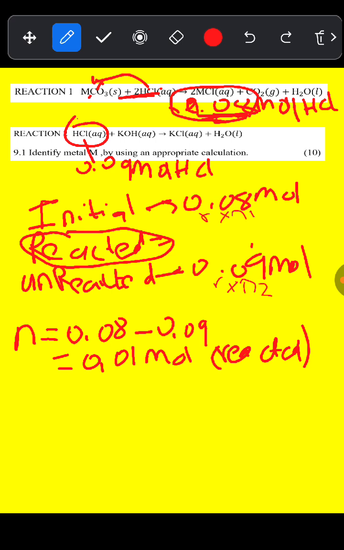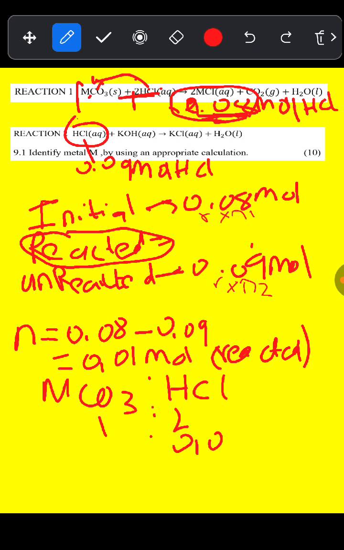So now the ratio of this to HCl is 1:2. We can see the coefficient 1 there, the coefficient there is 2. Now HCl has got 0.01 mole. Then what is the number of moles of N? They won't be the same because of the ratio, so you cross multiply.